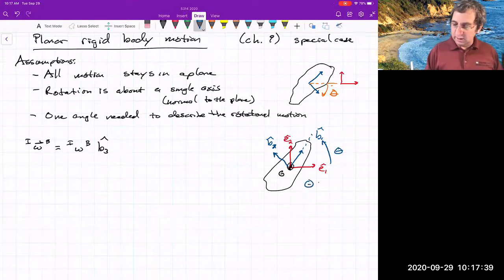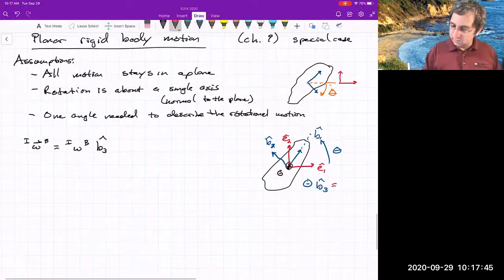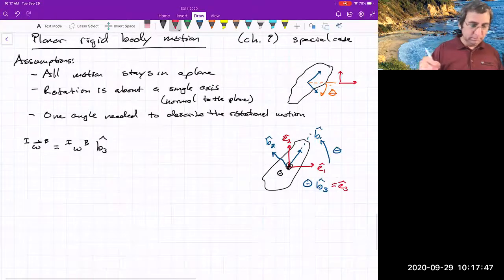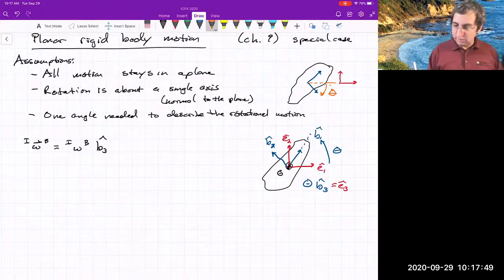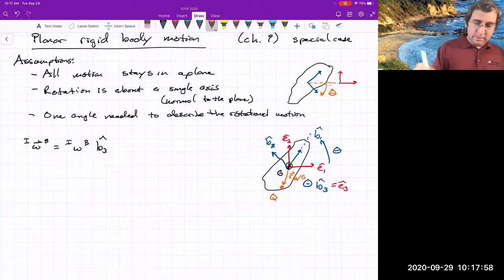And then we've got a unit vector that's coming out of the screen at you, B3, that equals E3. And maybe I've got also an arbitrary point Q. I don't know.